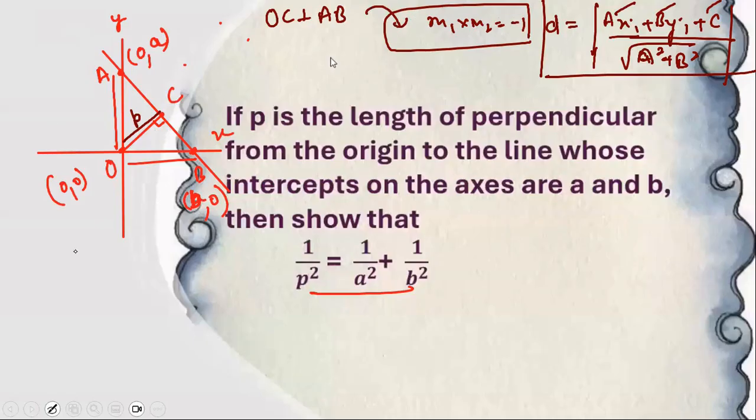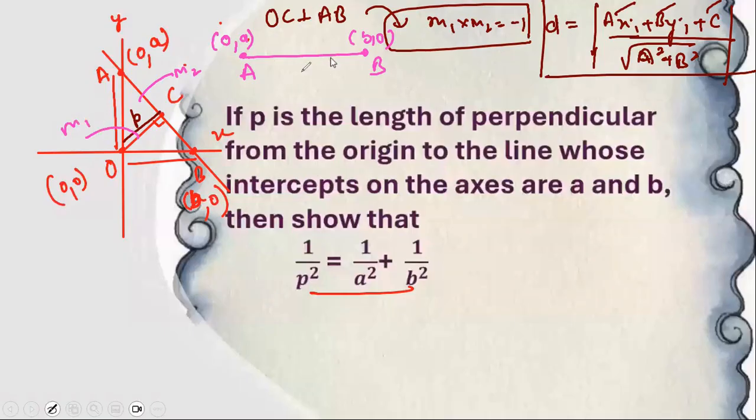Now please know it very carefully, if we see this line AB, we have the coordinates of A and B, which are 0, a and b, 0. These are the two coordinates we have. When we have both the coordinates, initial and terminating, it's easy to find the slope. So let's say the slope of AB I have taken as m2 and the slope of OC I have taken as m1.